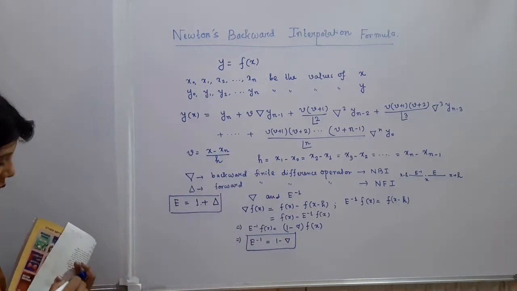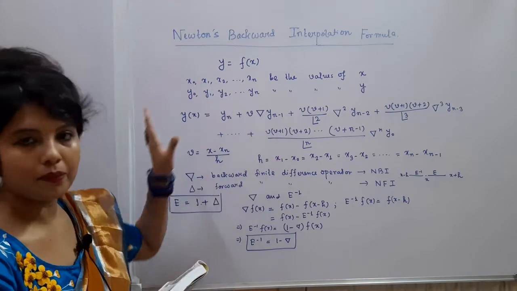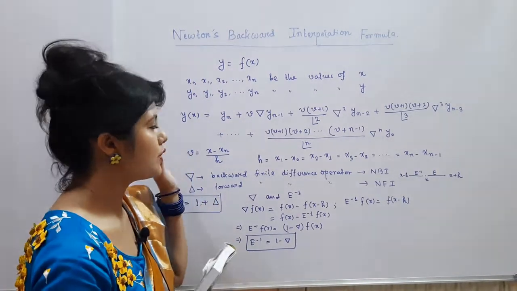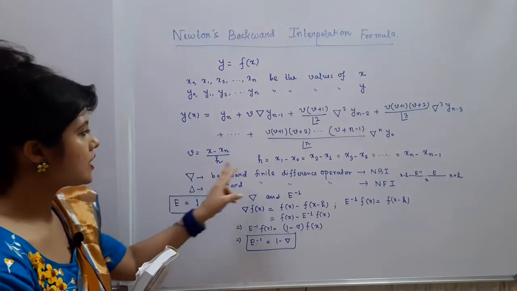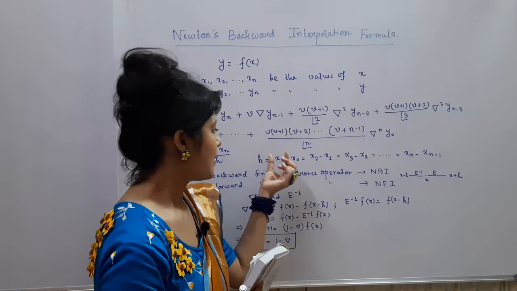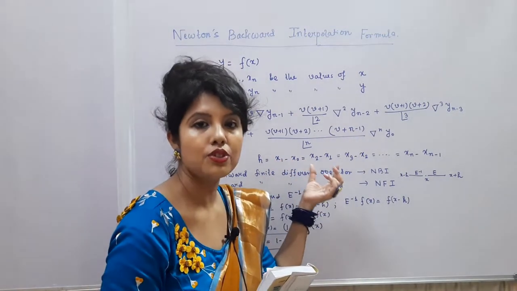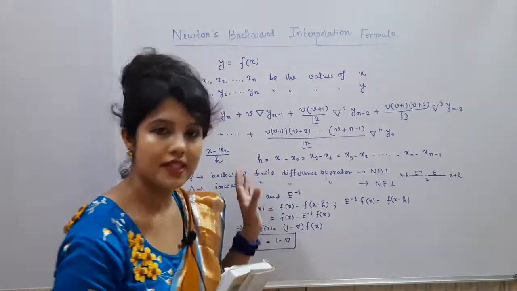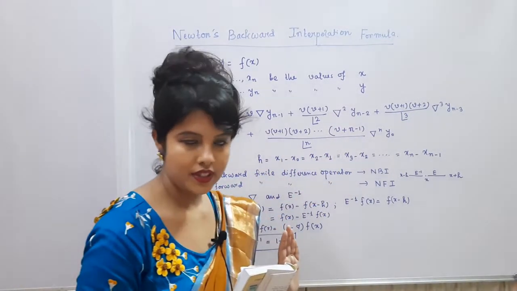Before using Newton's backward interpolation formula, you have to remember two conditions. The first condition is that the x values should be equidistant, that means the difference between two consecutive values of x should be the same, that is h.